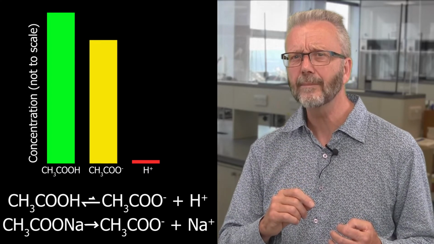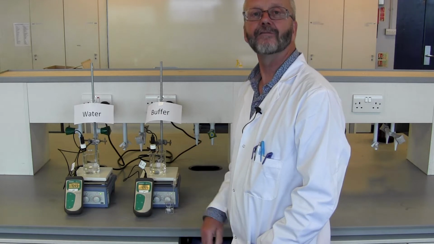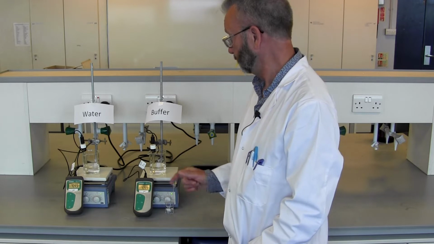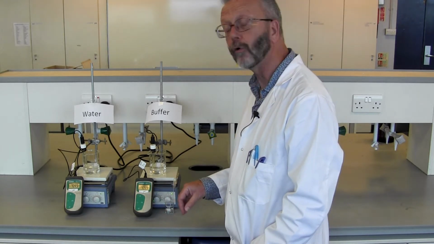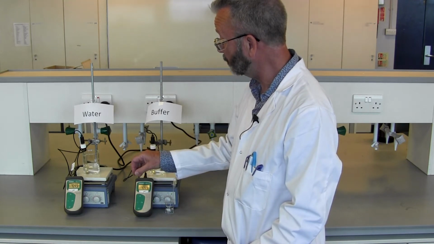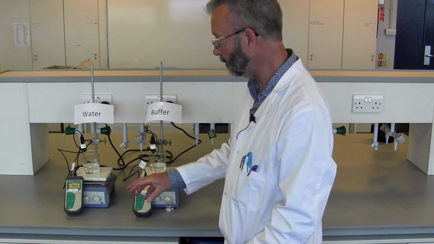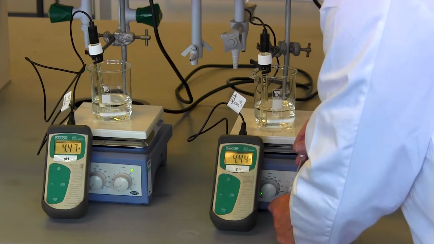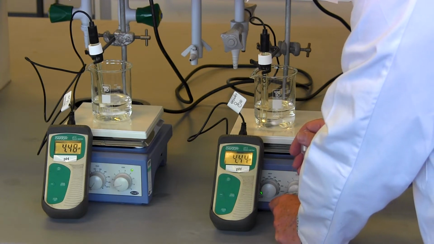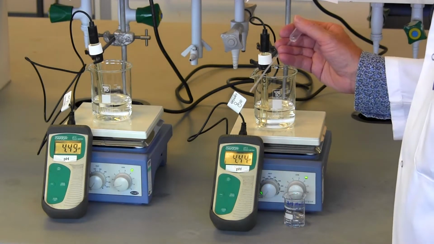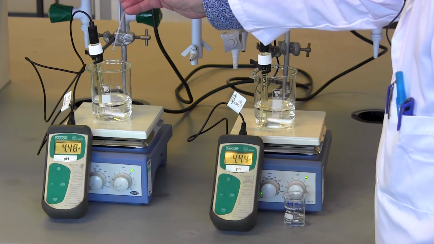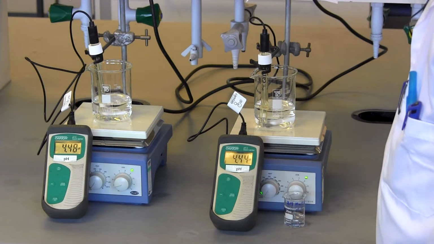But what happens if we add a base? So here I've got another two beakers. In one, the same buffer as before, showing a very similar reading, this time of 4.44, and another beaker of slightly acidified water, showing a very similar pH reading of 4.49. To the beaker containing slightly acidified water, I'm going to add 1 drop of 2 molar sodium hydroxide.